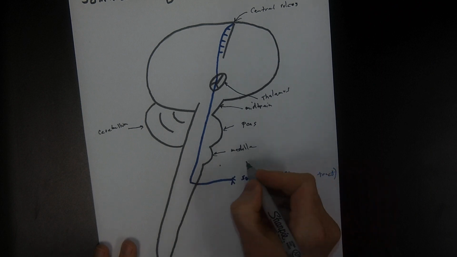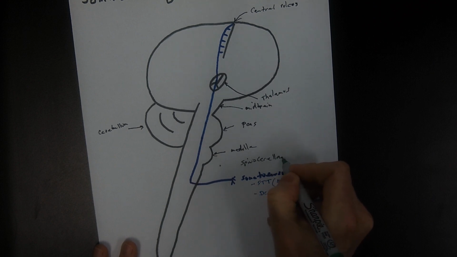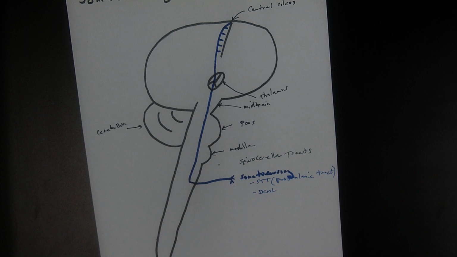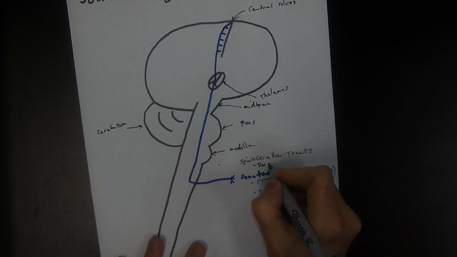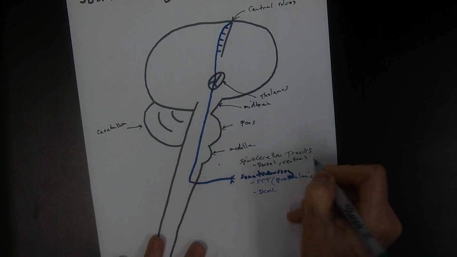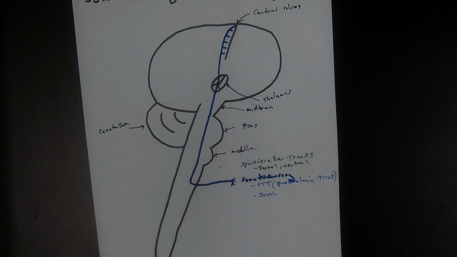These are called the spinocerebellar tracts. There's going to be a dorsal and a ventral, just two of them that we're going to talk about. And they're going to be responsible for non-conscious proprioception.